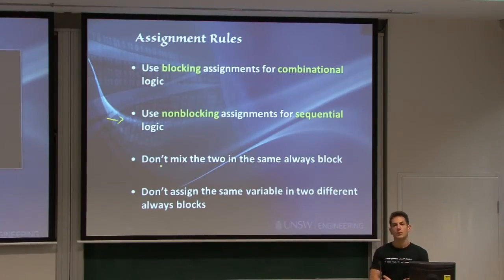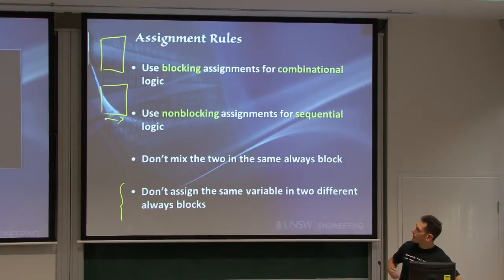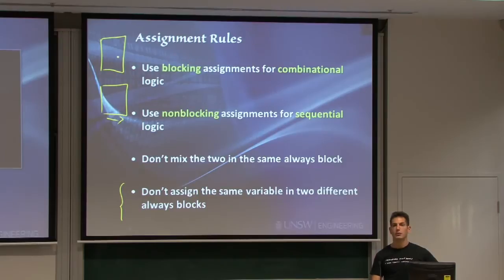And something that's really important, and a lot of compilers will actually yell at you if you try to do this: don't assign the same variable in two different always blocks. Imagine the case where you have two always blocks. In a way, as I said before, both of them live in parallel to each other.